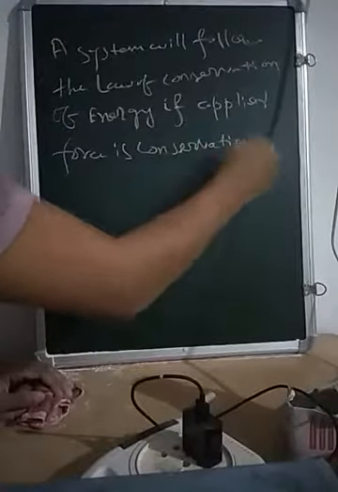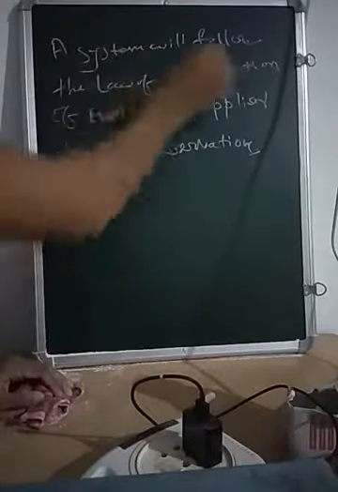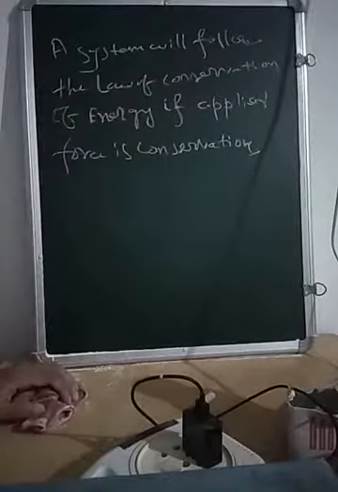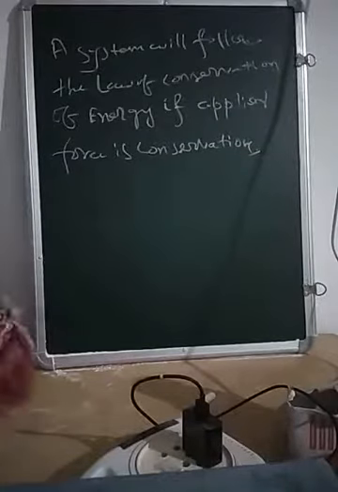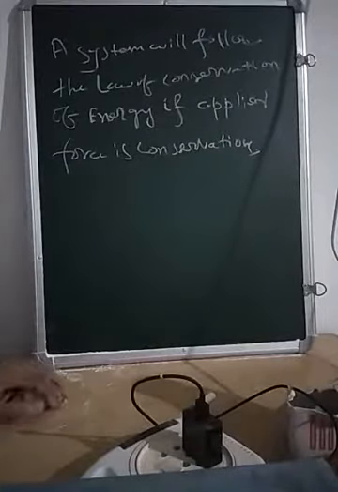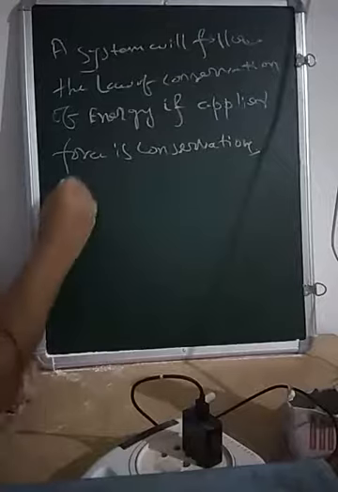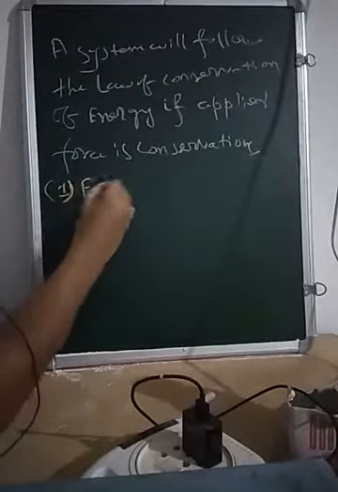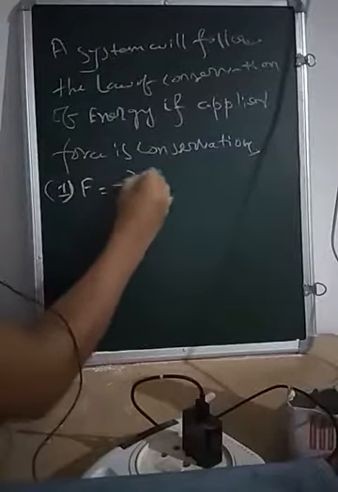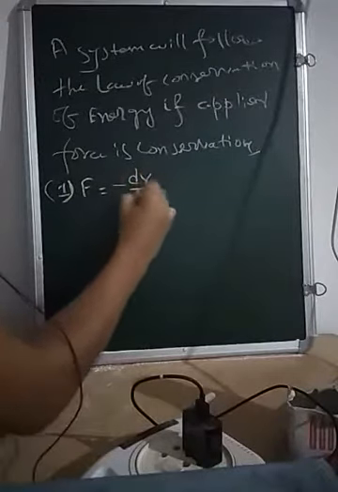If the applied force is conservative, only then the system will follow the law of conservation of energy. Okay. So up to now, what can we conclude? The force is conservative if F is equal to minus dV by dx.